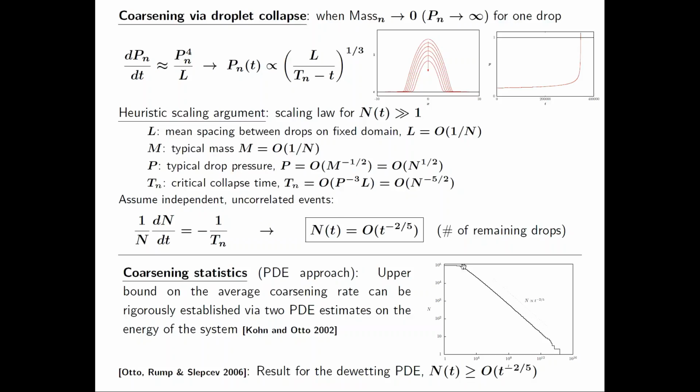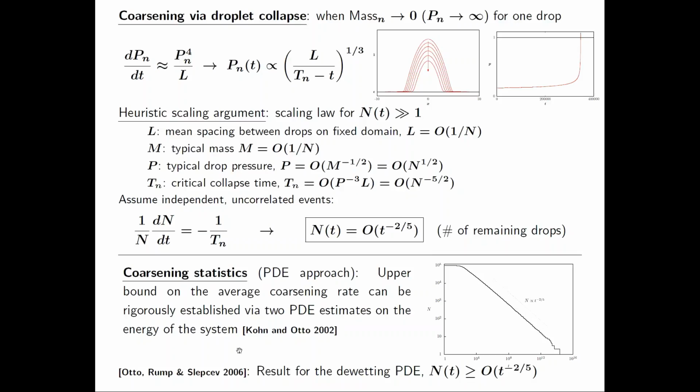So this is a numerical simulation of the ODEs that started with about 10,000 droplets and letting coarsening events happen, and eventually you see that after some startup period, the number of drops decays steadily according to this power law.